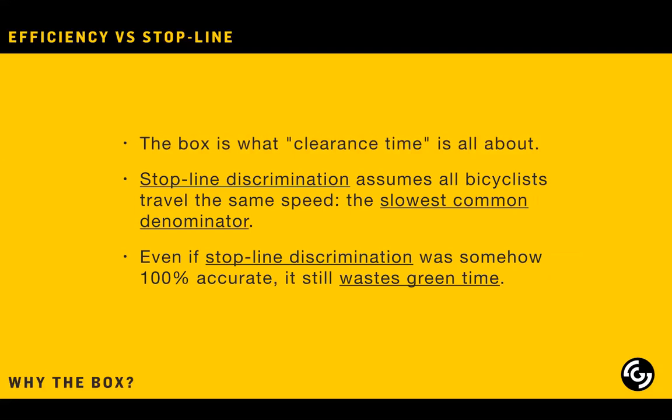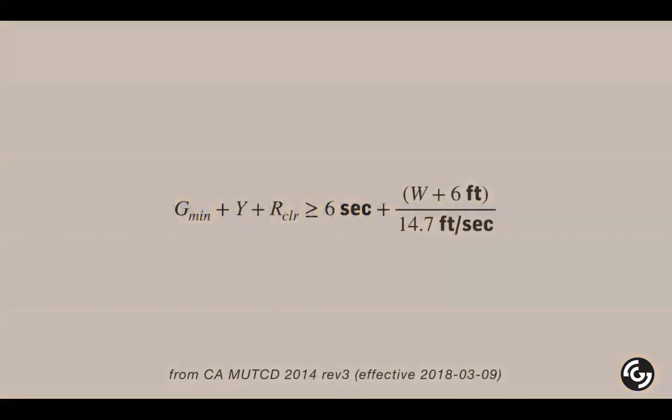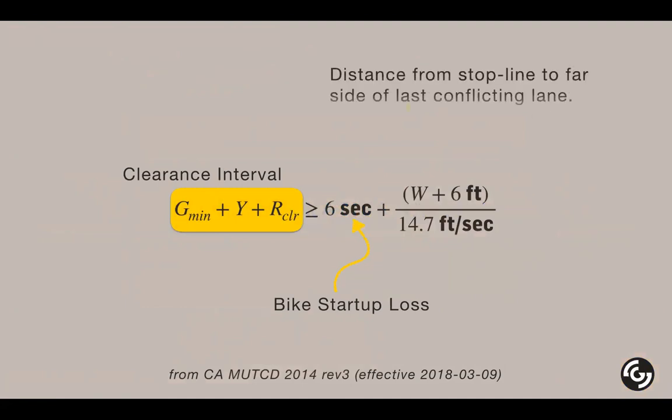So to highlight those points, I want to use some illustrative examples. And the first thing I want to note is a formula, and this is from the California MUTCD. On the left is the clearance interval, so the minimum green plus yellow plus red clearance. That clearance interval for bicyclists by the California MUTCD is required to be greater than or equal to 6 seconds, which is considered to be the bike startup loss, how long it takes the cyclist to get going, plus a distance divided by a speed.